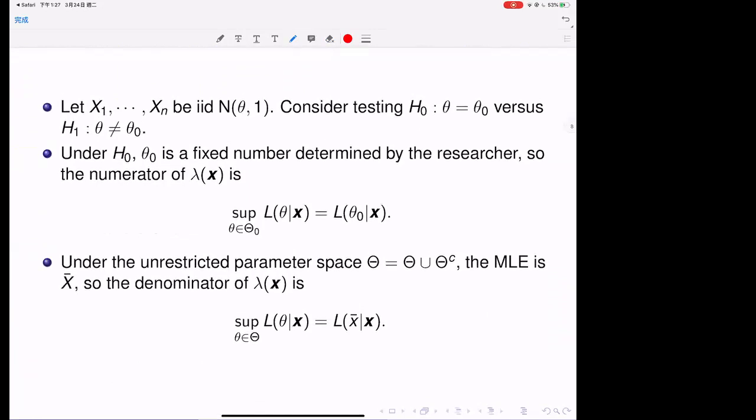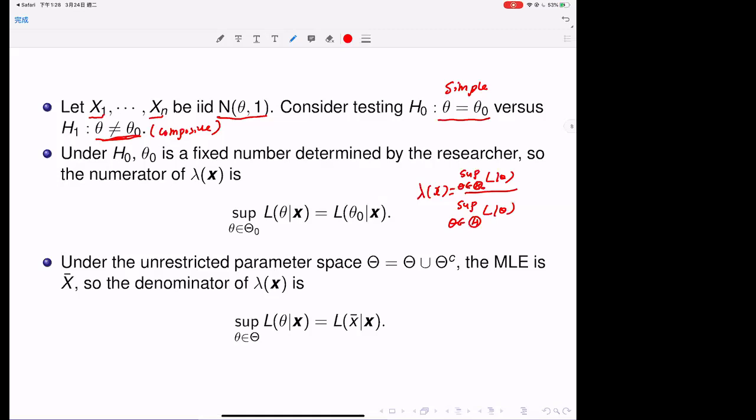Suppose we have x1 to xn from normal theta, 1, and consider testing the null hypothesis, which is simple, remember that, versus theta not equal to theta naught, which is composite. Then we just use the definition of lambda x: the numerator is the supremum over theta under the null space of L theta, and the denominator is the supremum over theta under the overall space of L theta given x.